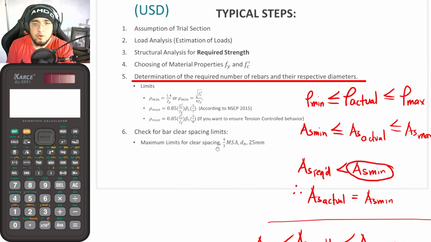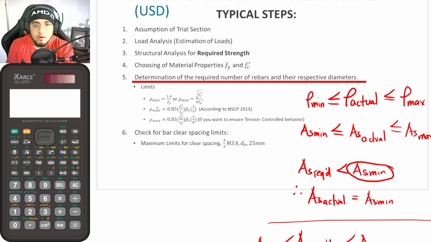Going back here, for rho max, equation number 2, rho max is equal to 0.85 f'c over Fy times beta 1 times 3 over 7. Again, this is in accordance with NSCP 2015. As a review from our previous video lecture, this is in reference with a strain of steel equal to 0.004.